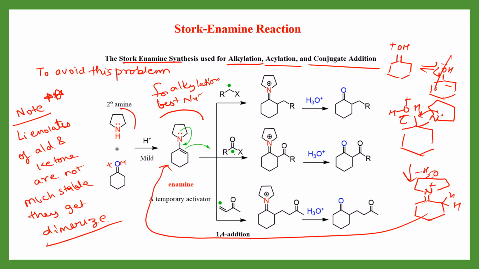If you are giving this electrophile, or we can say aldehyde, it will attack. I think here it has done substitution reaction and it will form this. And in the last example, it simply has done 1,4 addition and will result in formation of this. This iminium will undergo hydrolysis and will result in formation of this ketone.